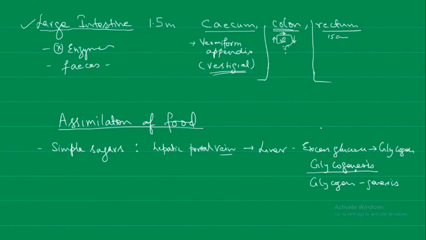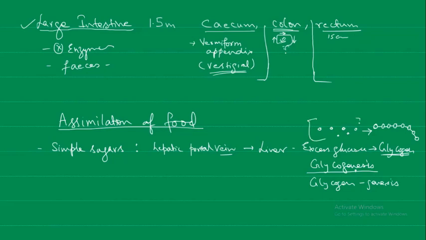Glucose is a single molecule, C6H12O6. In the liver, these individual glucose molecules are covalently bonded to form long chains, and these long chains are the glycogen molecules.